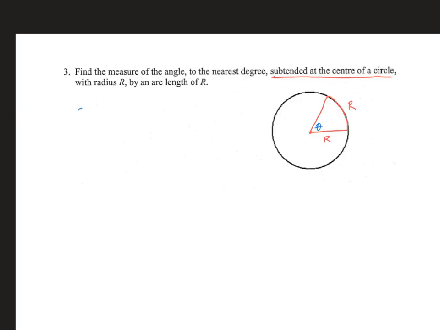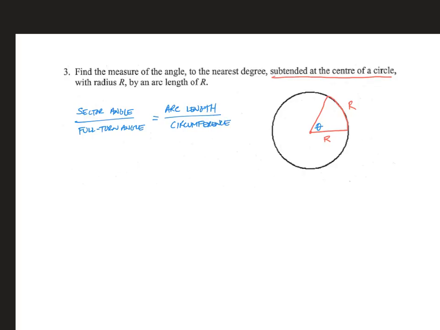So we have always been using some form of comparison or ratio for a sector angle compared to a full rotation or full turn angle.